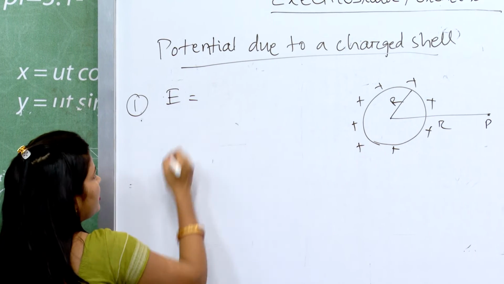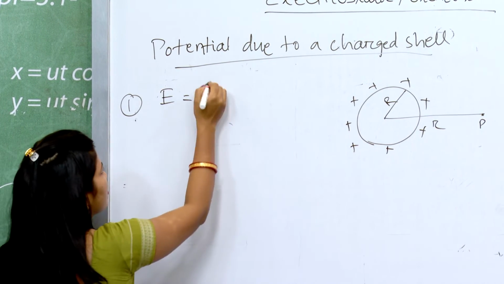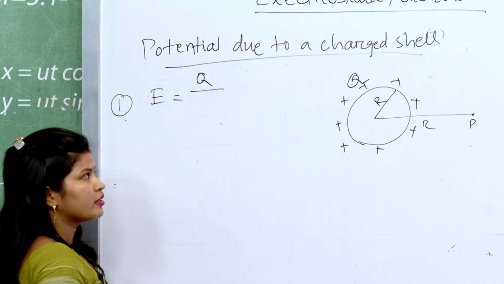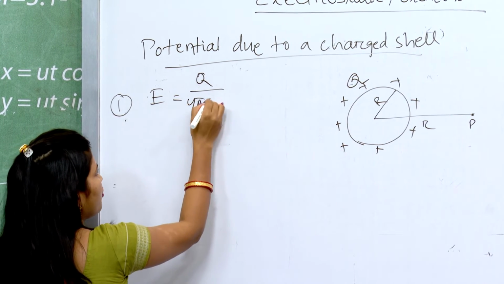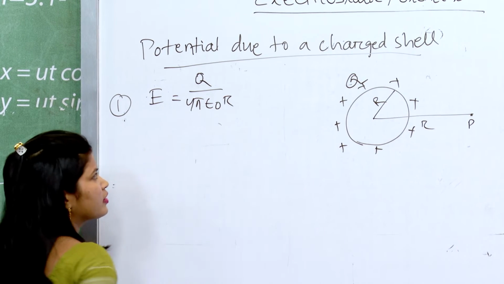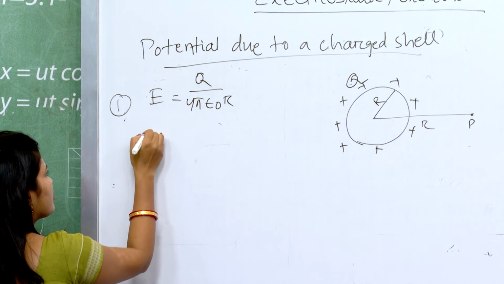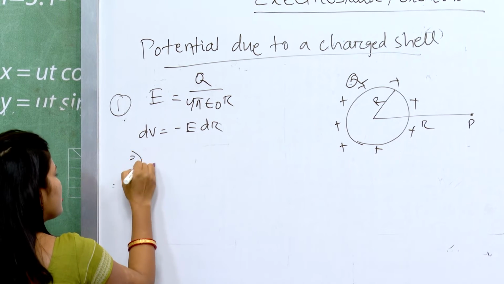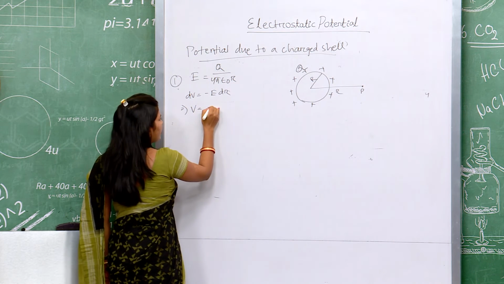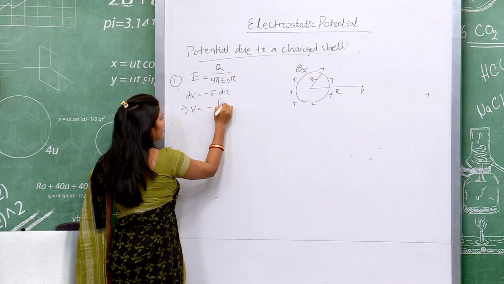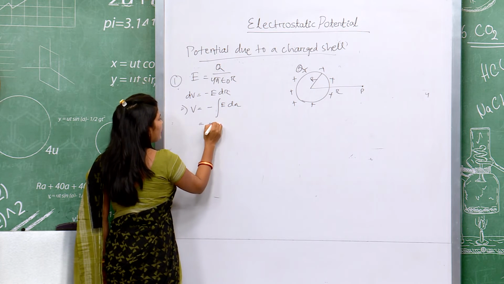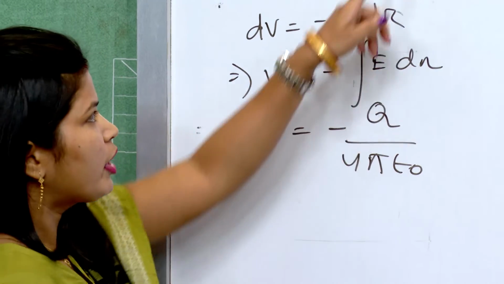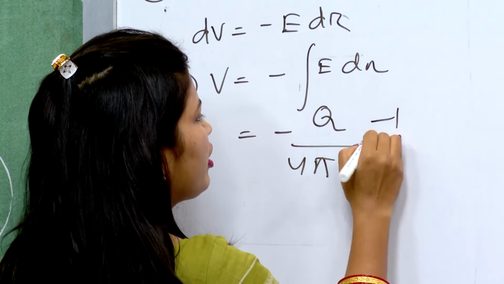We know electric field is equal to Q upon, and the charge Q is distributed. So, Q upon 4 pi epsilon naught r square. So, from the relation dV is equal to minus E dr. So, V is equal to minus integration of E dr. So, minus Q upon 4 pi epsilon naught integration of 1 by r square, that is minus 1 by r.